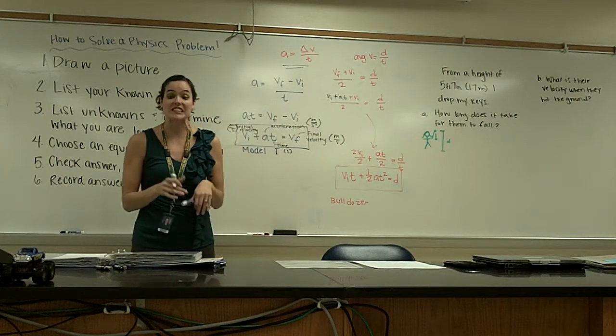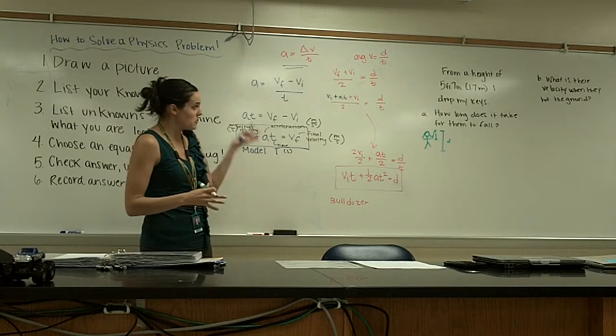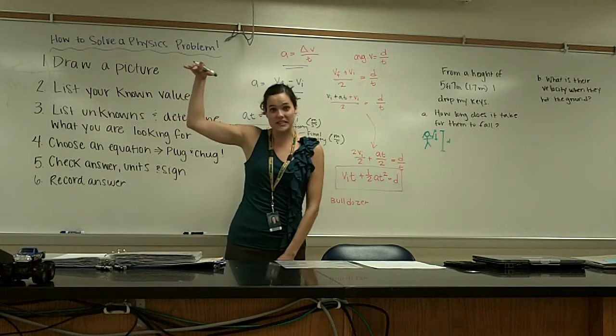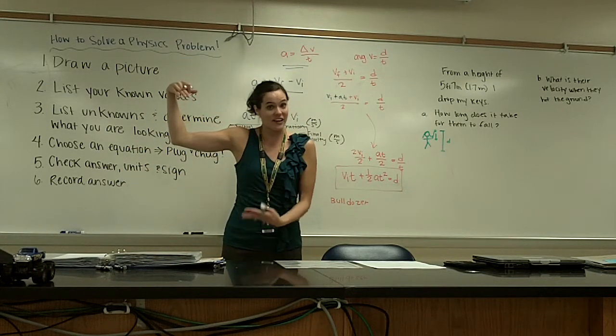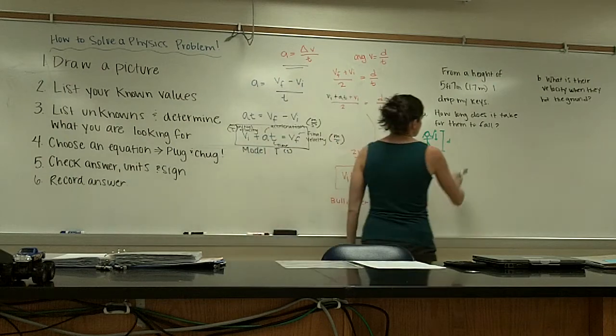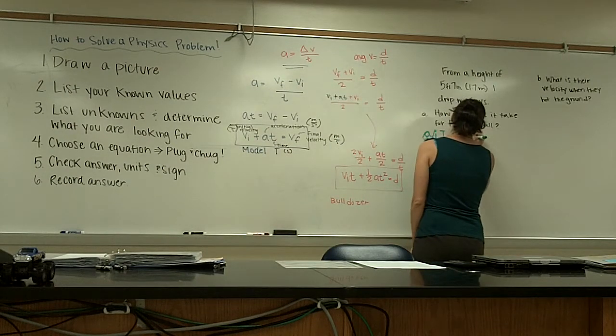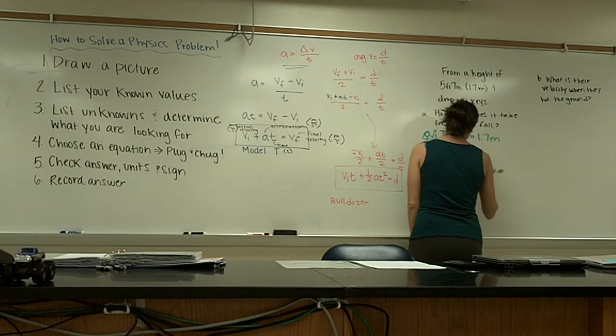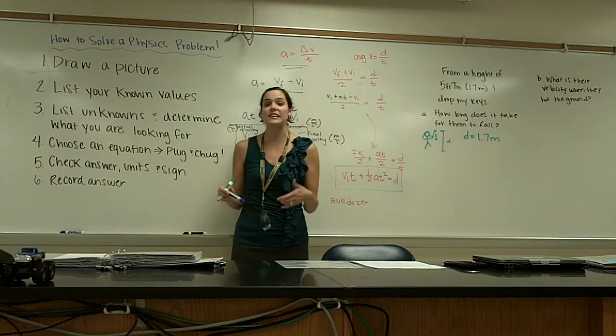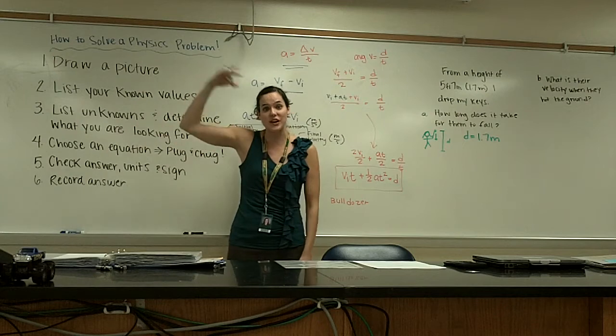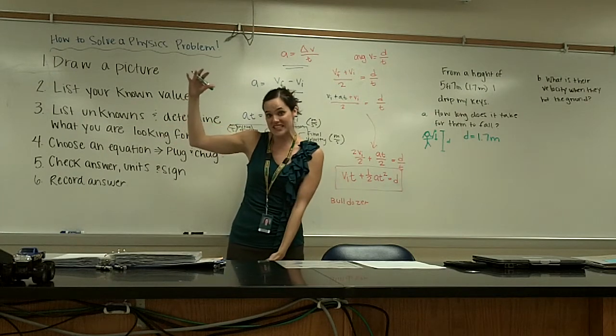Okay, so let's list what we know. Well, since we know how high this is starting, and the fact that it's hitting the ground, we know what the distance is. Displacement is going to equal 1.7 meters. Now, these keys are falling downwards, so they're starting up here, they're going to 0.